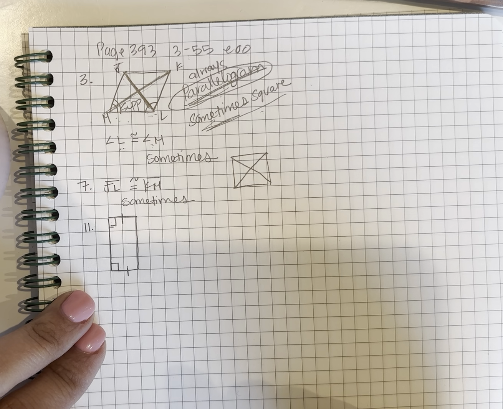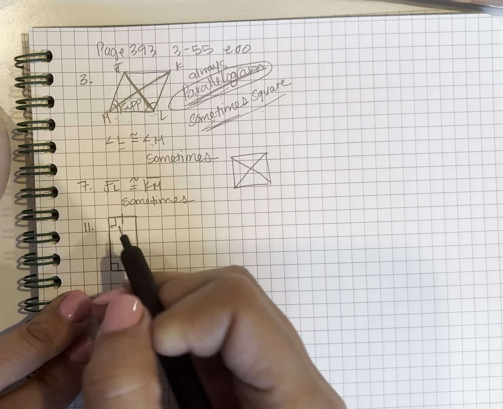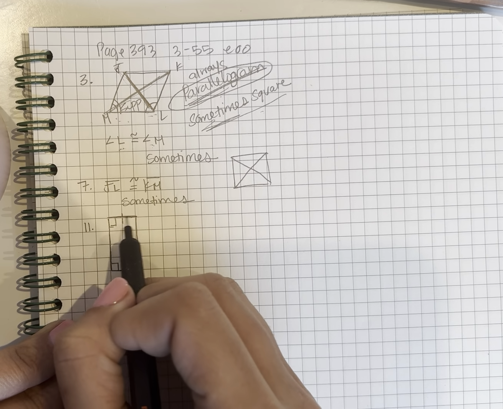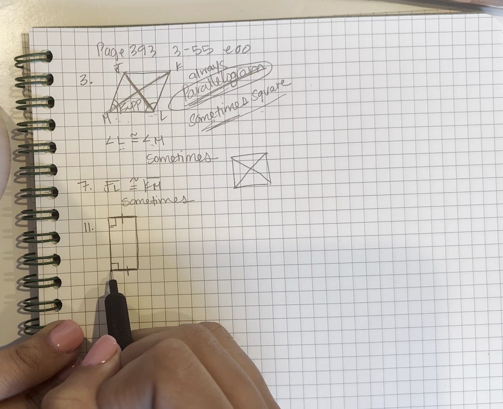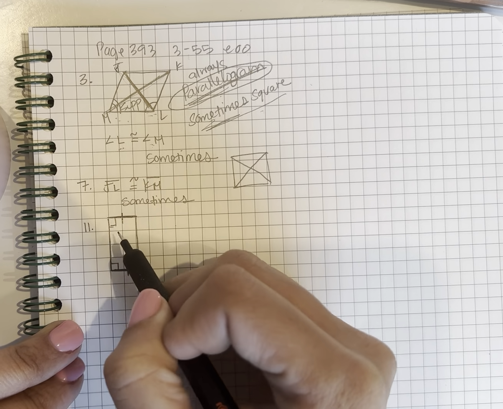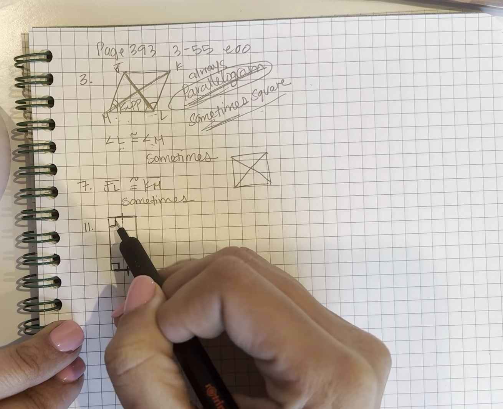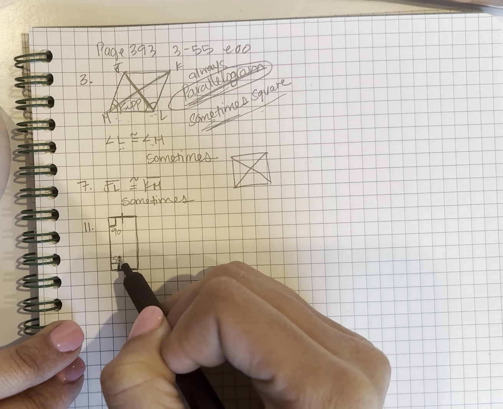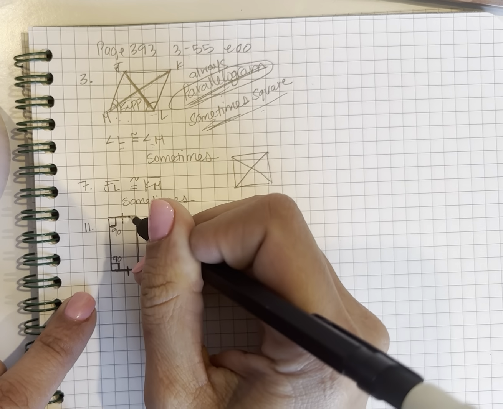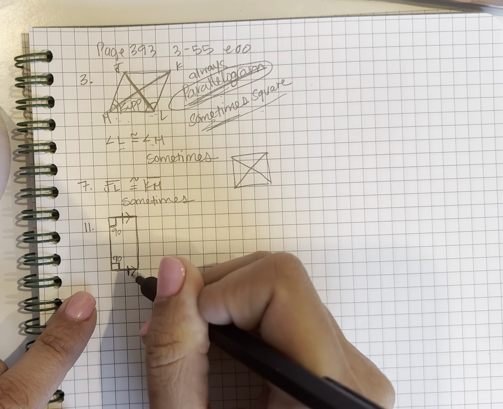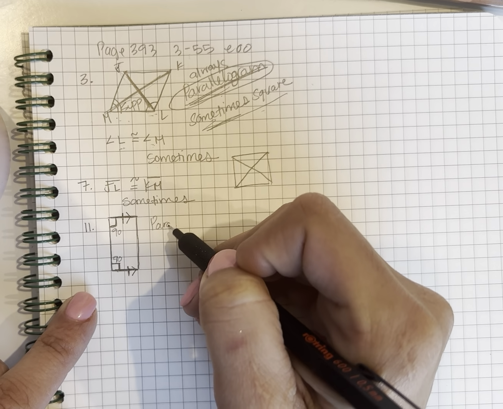So let's see. If these two sides are congruent, and then these here being supplementary, because this is 90 and this is 90, makes these lines parallel. So I know that I've got at least a parallelogram.